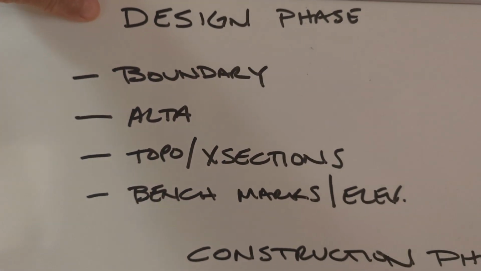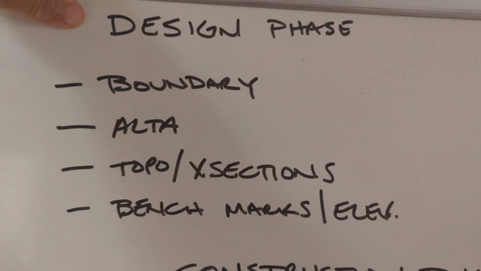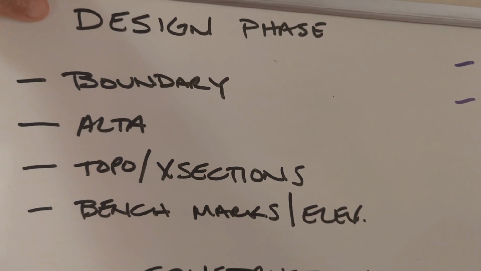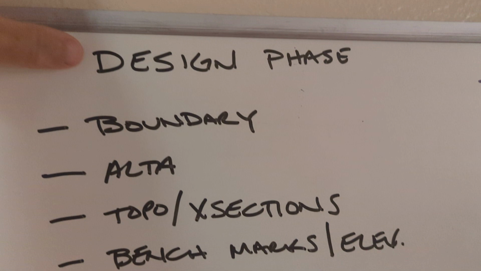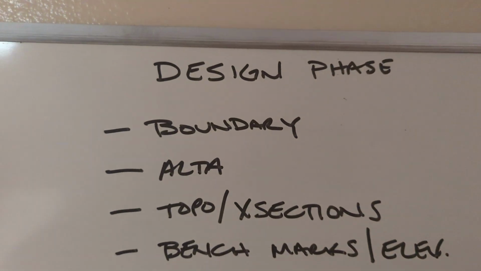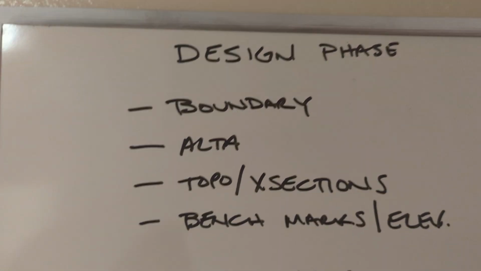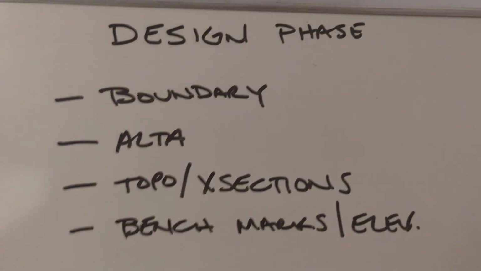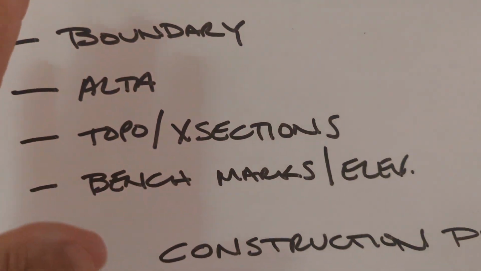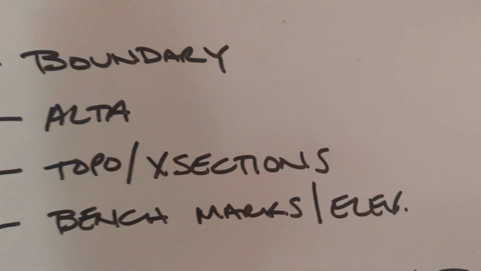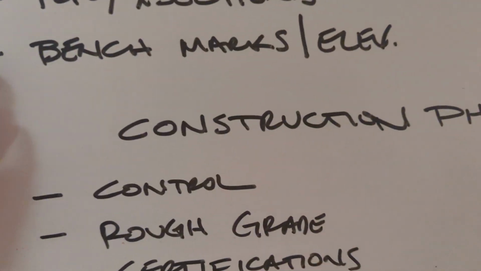That's what gives the engineer the information they need to design the job. Then for you, as long as you get the staking job, it is to take the design from the engineer and apply it to the job site. Then that's done, or it's never really done, but it's done for the design phase.